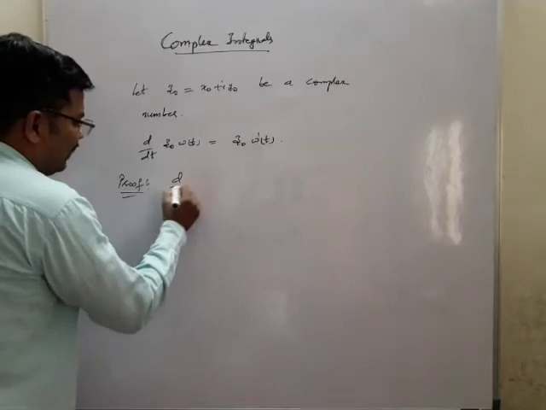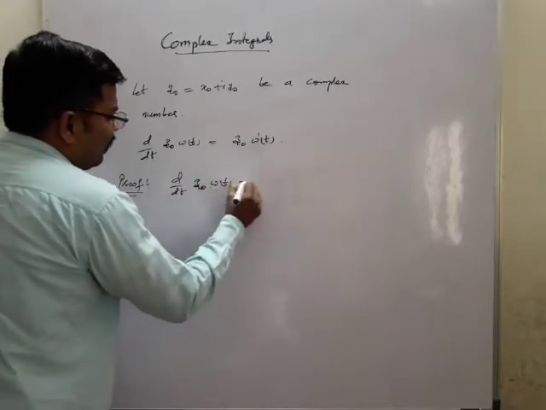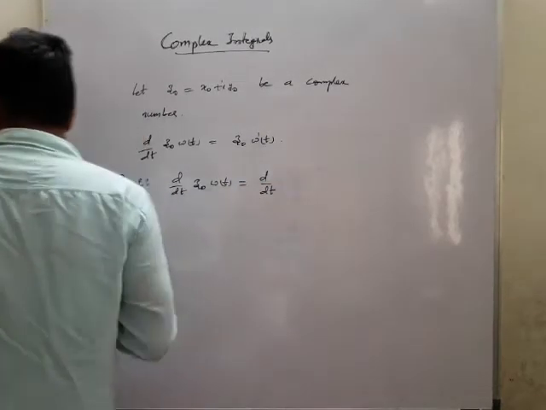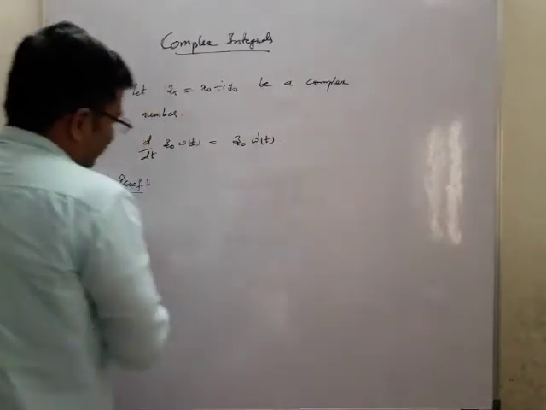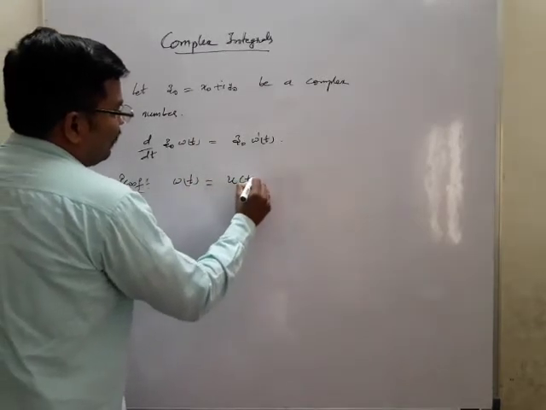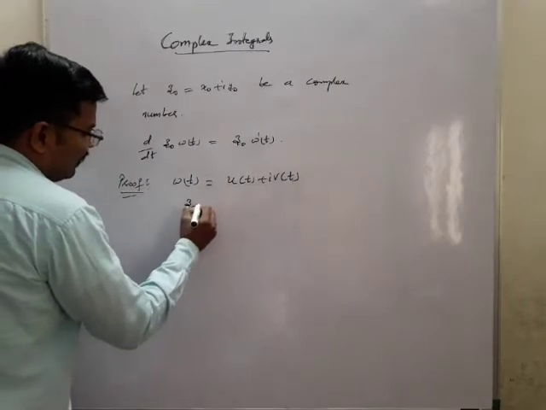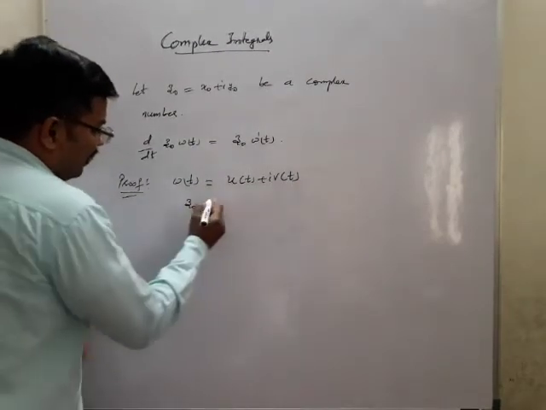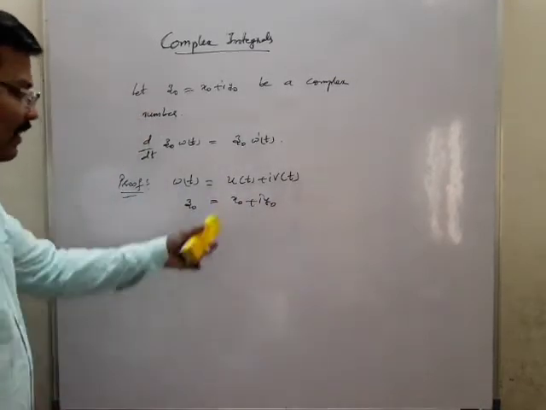So d by dt of z naught into W of t. First we'll take W of t is equal to u of t plus i v of t, and z naught is equal to x naught plus i y naught. These are the two things.